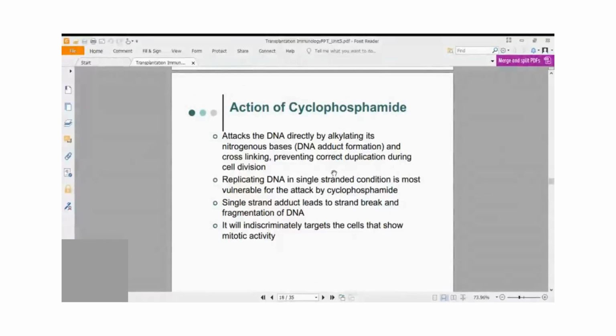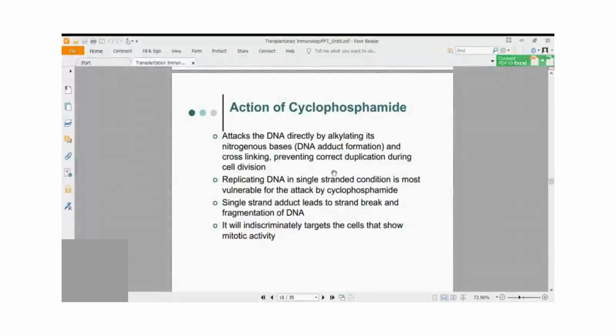Once it forms the DNA adduct, it is a permanent feature. That cell has to die. It will undergo apoptosis. Whichever cell the DNA adduct is formed in with cyclophosphamide is going to go for apoptosis. And remember, it cannot discriminate between only the immune cells and other cells of the body.